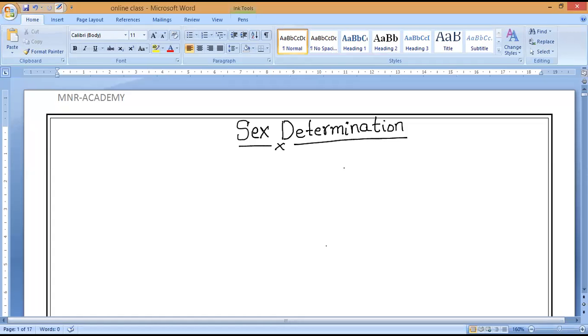So in today's class, we will see the last concept, that is sex determination. Before going to study sex determination, as we know, in the last class we studied how the blood groups are inherited. Any kind of characteristic or trait from the parents to the offspring will always be decided by two kinds of gene.